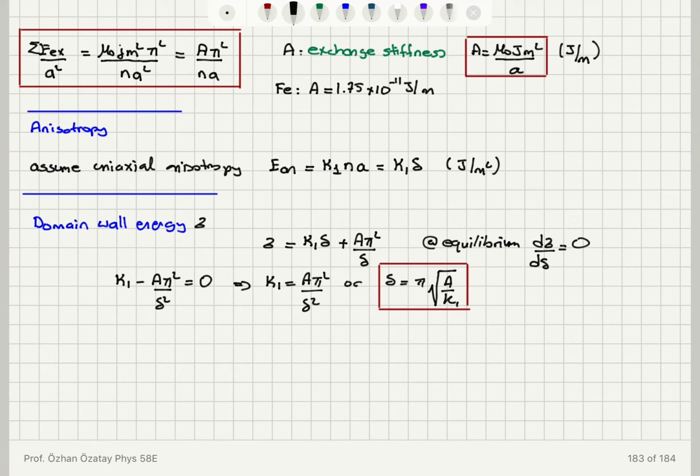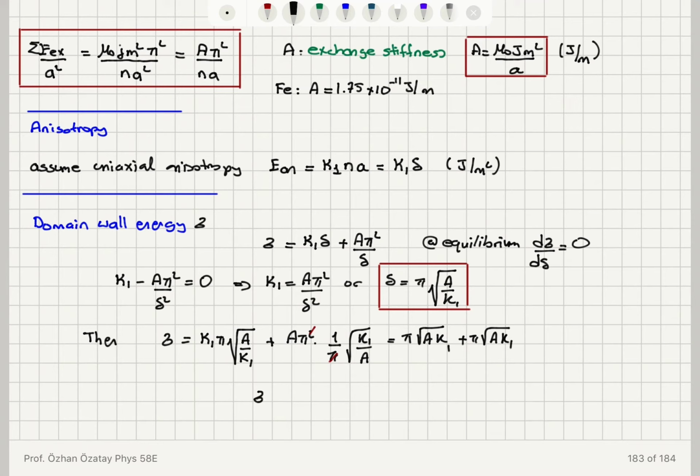So the equilibrium domain wall width will be pi square root of the exchange stiffness divided by the anisotropy constant K1. And if I substitute this result into the domain wall energy, then sigma will be equal to K1 pi square root A over K1 plus A pi squared multiplied with 1 over pi square root K1 over A. The first term will be pi square root AK1, and the second term will also be pi square root AK1.